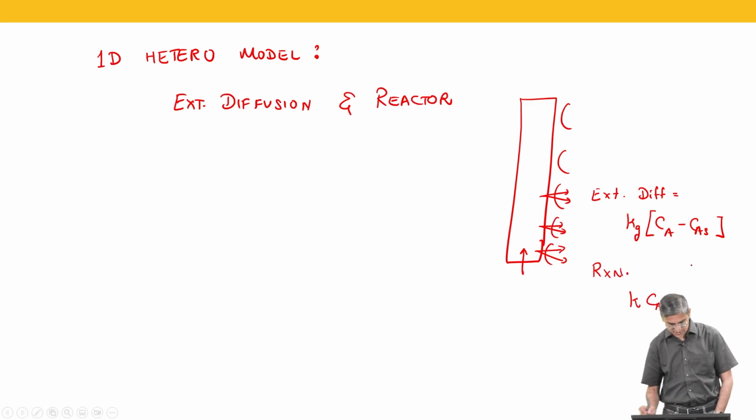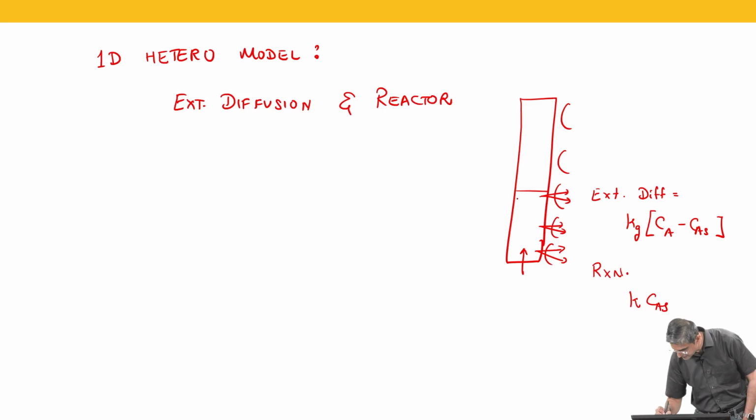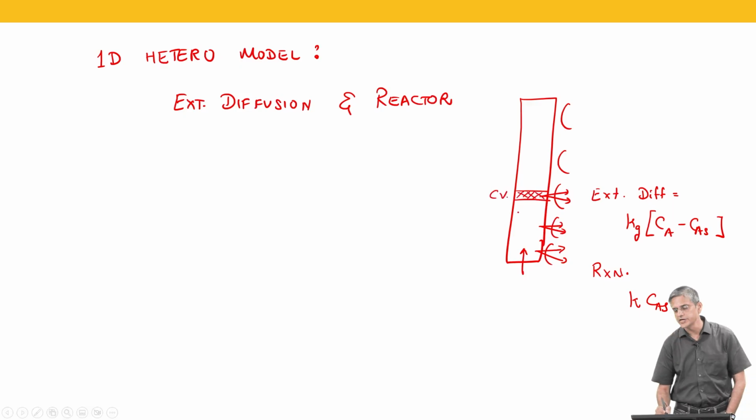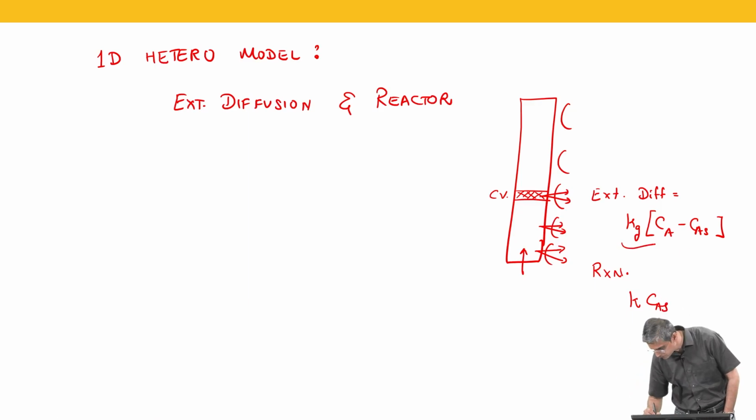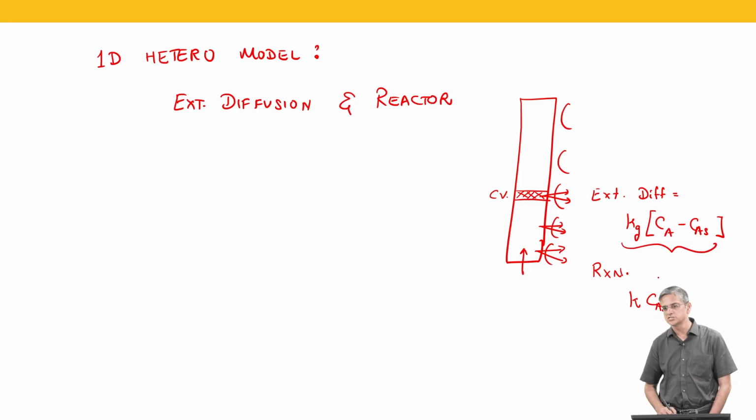K multiplied by CAS. So, if you look at this particular control volume, the moles that are disappearing because of this reaction are given by this.